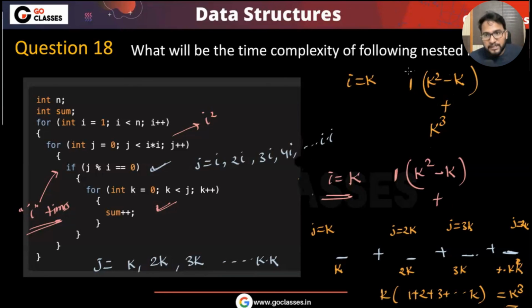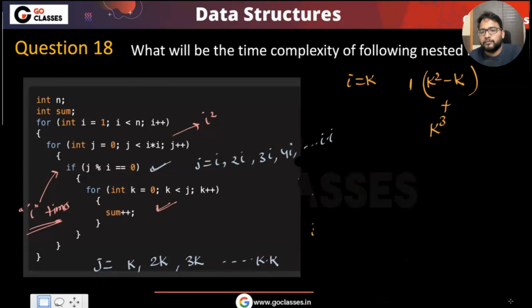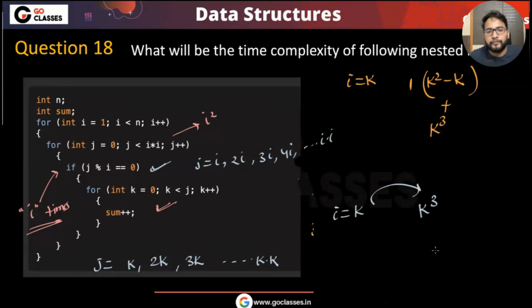And which means asymptotically for i equal to k, how much time is this going to run? The inner loops are going to run k cube plus this. So asymptotically, you can say it is just k cube. For i equal to k, it is going to run k cube times, the inner loop, all of this, which means now I can do this, right? For i equal to 1, 1 cube, for i equal to 2, 2 cube, and for i equal to 3, 3 cube, like that.